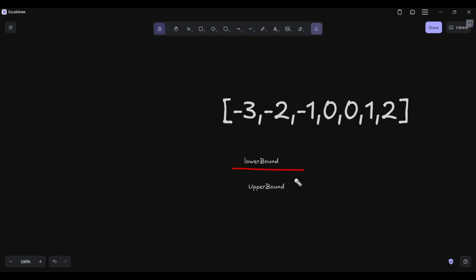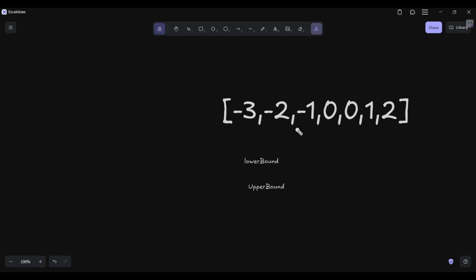Lower bound in this question states the lowest index on which 0 is there, or a number greater than 0 is there. Let's say lower bound is -1, and the indexes are 0, 1, 2, so the index would be 2 here.